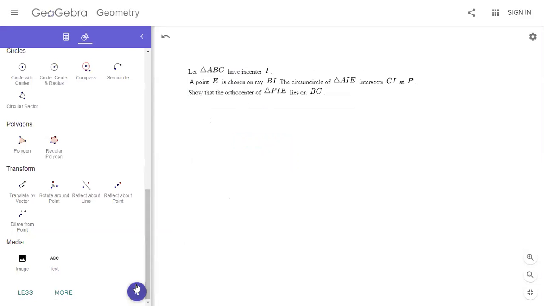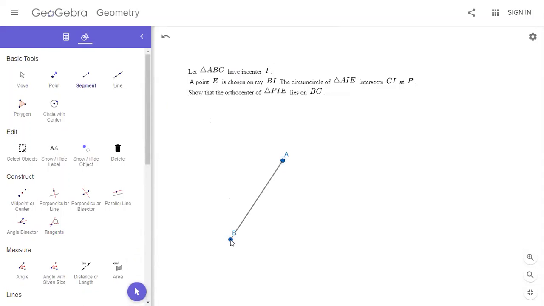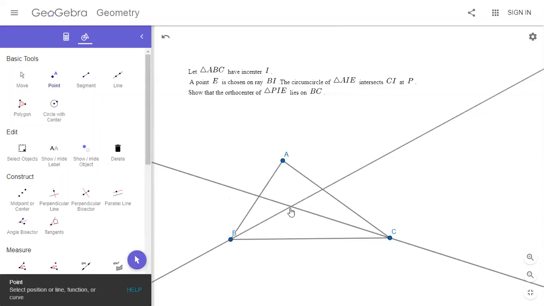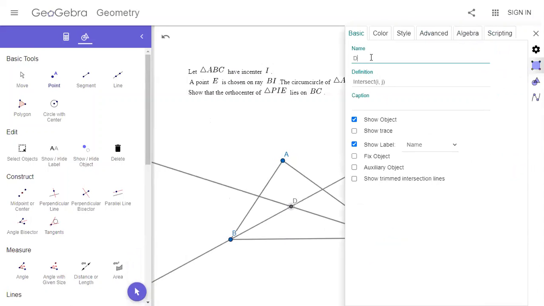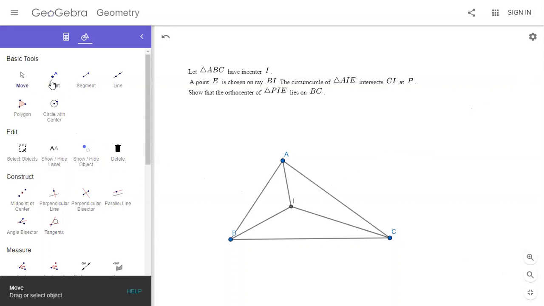All right. So triangle ABC has incenter I. I could have just used the incenter thing that I said, but I'm going to be lazy. So E is on BI.